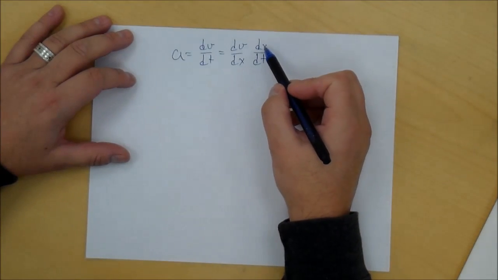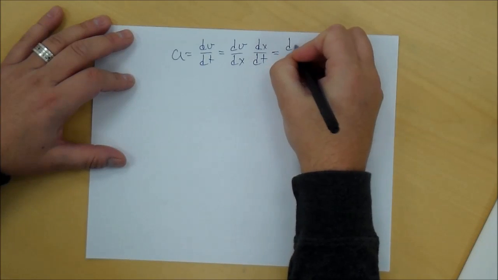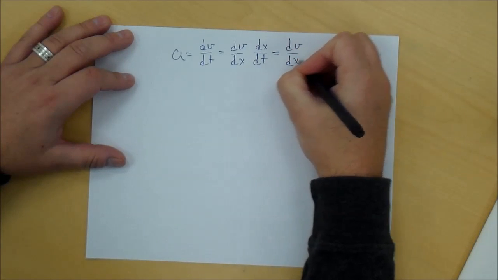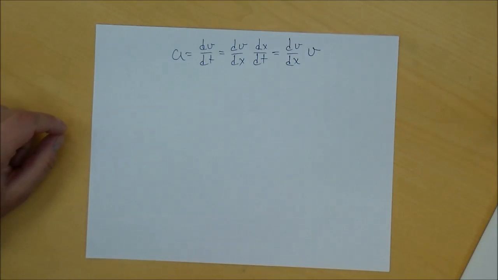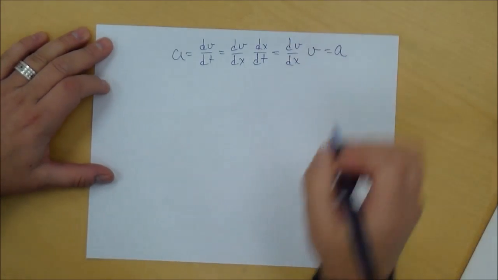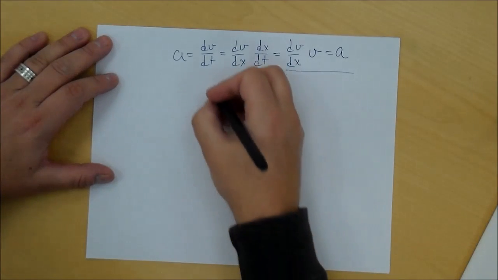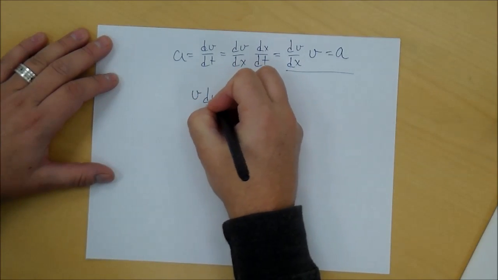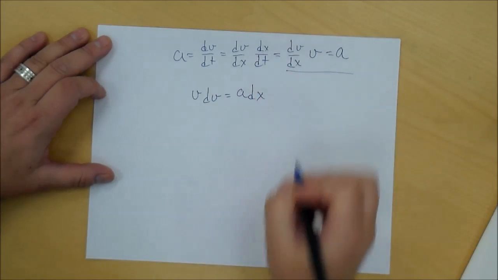And I see that dx dt is equal to the velocity, so that becomes dv dx times v, right? Okay, so I can rearrange this equation now. Let me go back and remind you, it equals the acceleration. So I can rearrange this and say that v dv is equal to a dx.